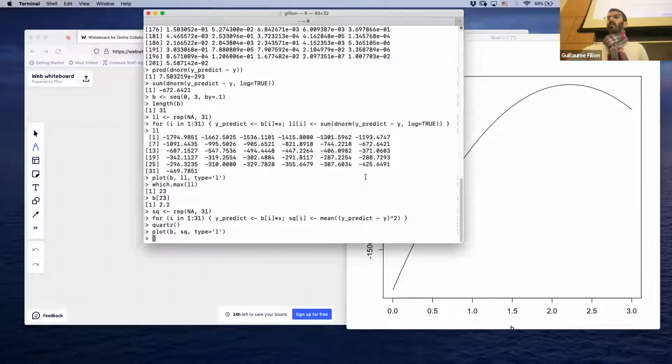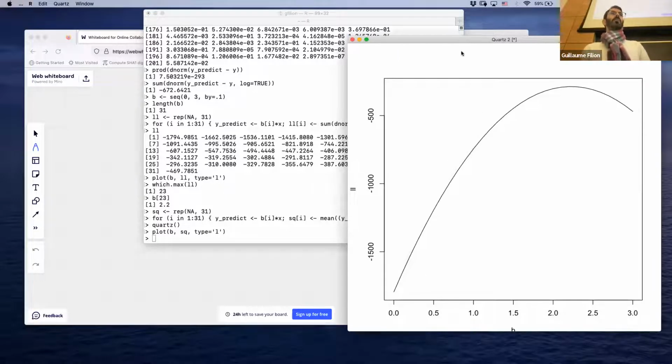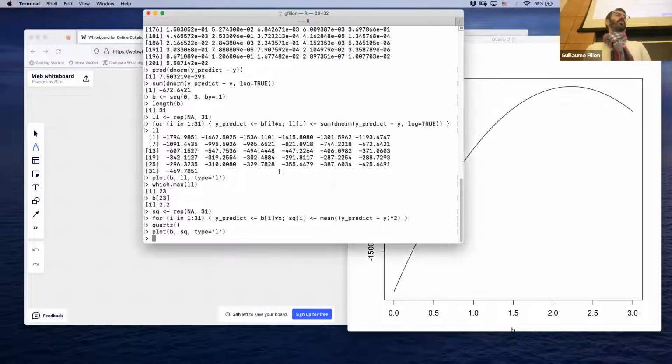Okay, so that's the part about the way that these things are done internally. It's not just that taking the square of the distance is somehow better than taking the absolute distances. It boils down to the fact that we have assumed that the distances were Gaussian.